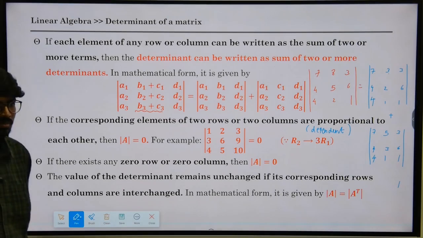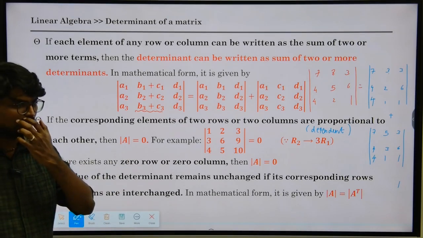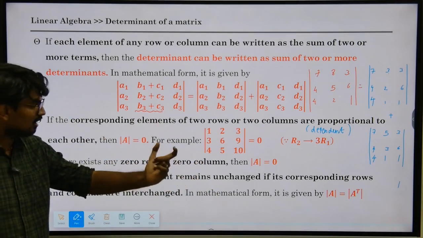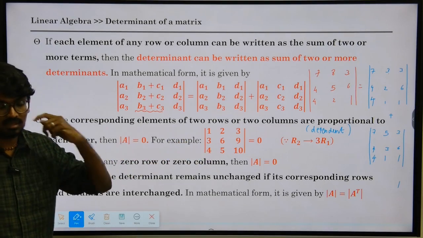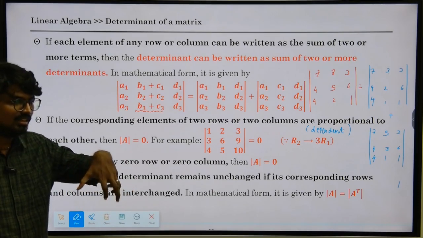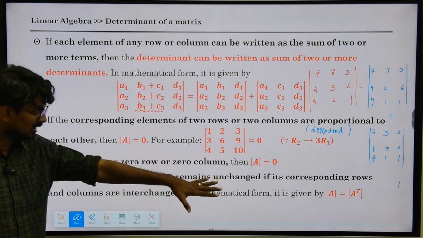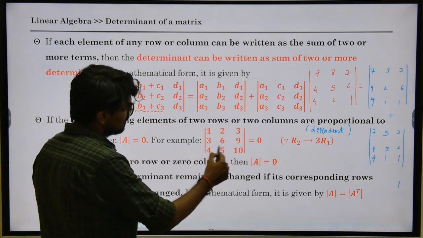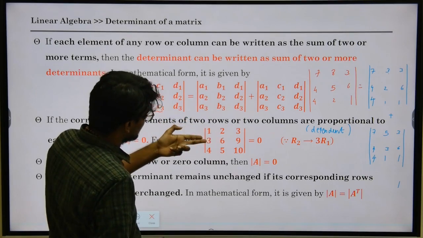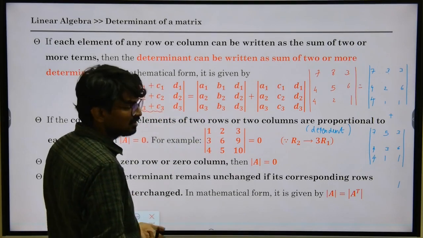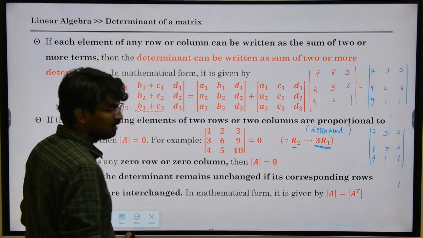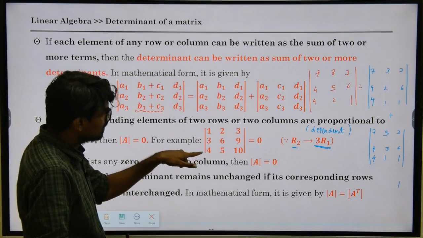If there are any two dependent rows or dependent columns, that is, if one row or column depends on another row or column, then the determinant of that particular matrix becomes 0. Here is an example. You could see 1 2 3, 3 6 9, 4 5 10, right? So here the second row is nothing but 3 times the first row. Row 2 is simply 3 times row 1, so the second row is dependent on the first row.